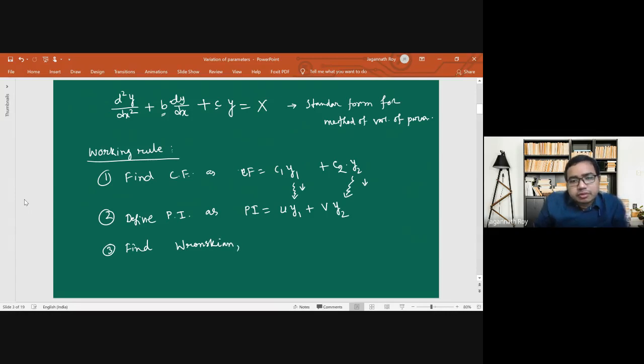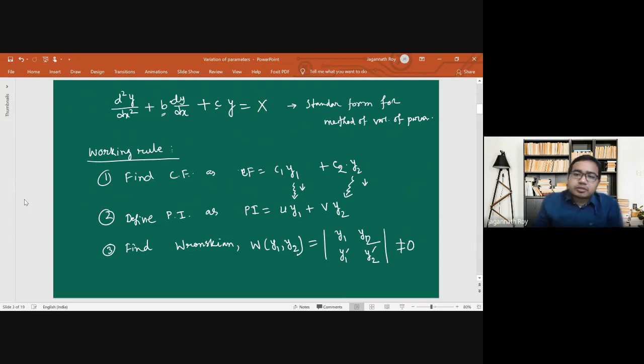There is a new term we are introducing, the Wronskian, which is defined for two functions y1 and y2 as the determinant of y1 and y2, then y1 dashed and y2 dashed.